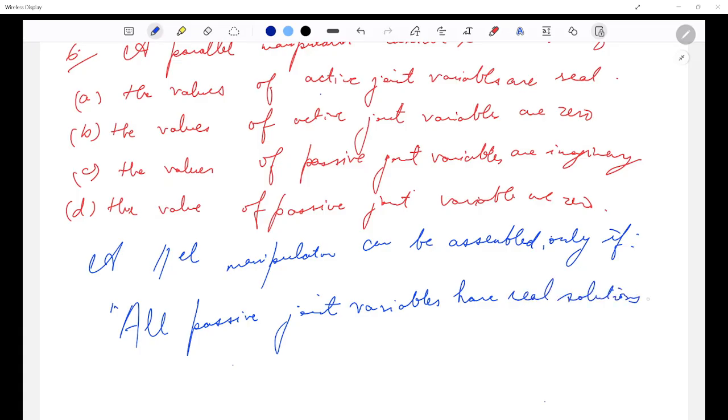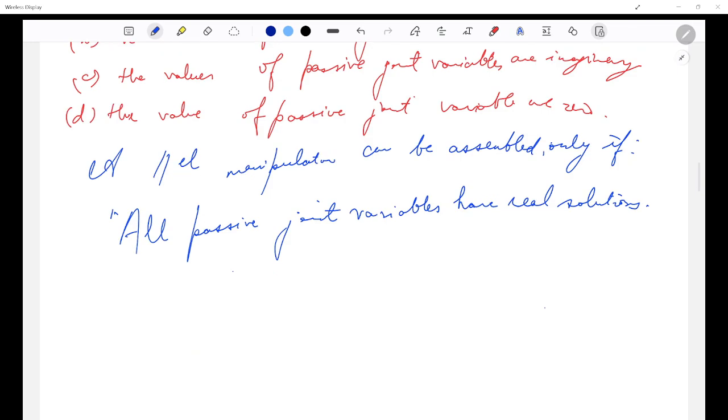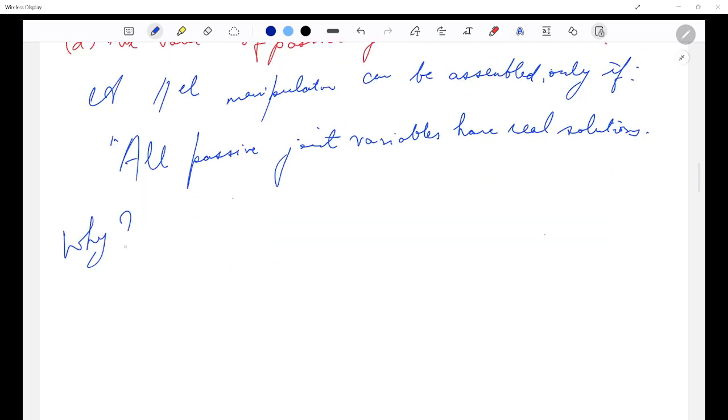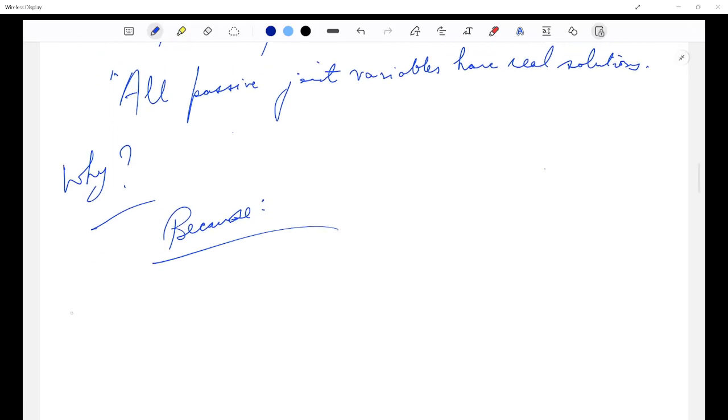Right? Why? Because actuated joints are physically imposed, so you cannot make any changes to them. You have to abide by the rules.